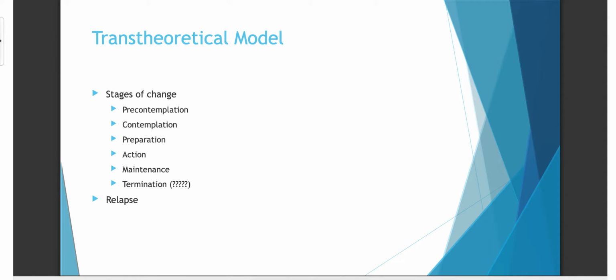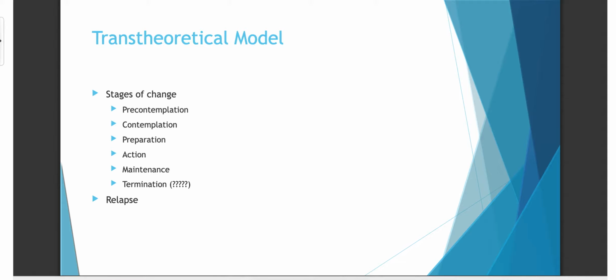It could be talking to your doctor, getting nicotine gum, or reading on the internet about how to change and when you should. With someone getting ready to exercise, it could be buying a gym membership or workout clothes. Someone who wants to change their eating habits might buy healthy foods or learn how to cook, which would all be in this preparation stage.